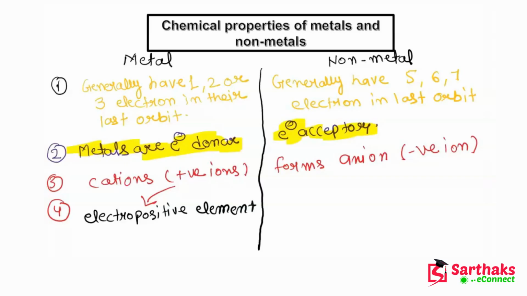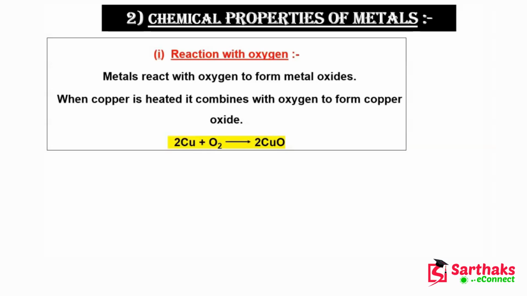On the other hand, these non-metals are forming negative ions. That's why they are known as electronegative elements. I hope guys these points which are written on this slide have been clear to you. Now let's move on to the next slide.